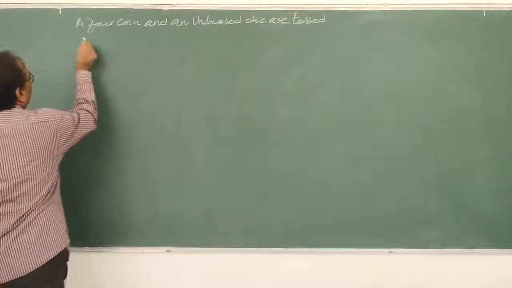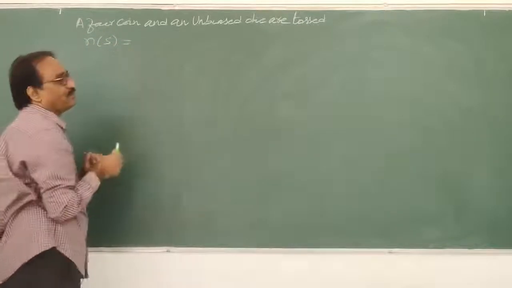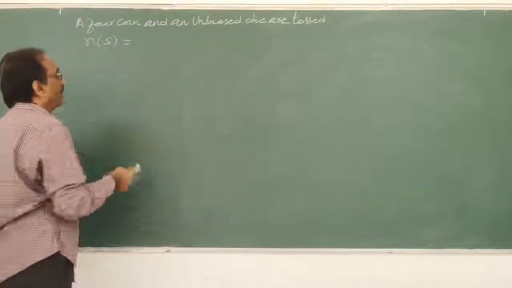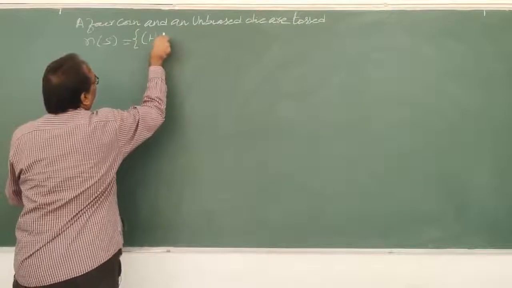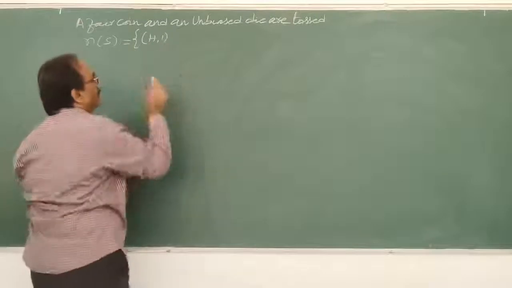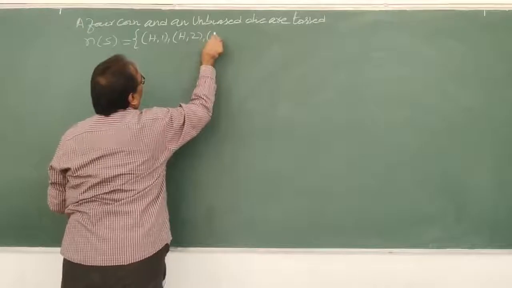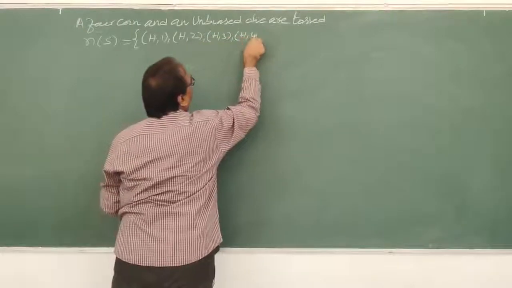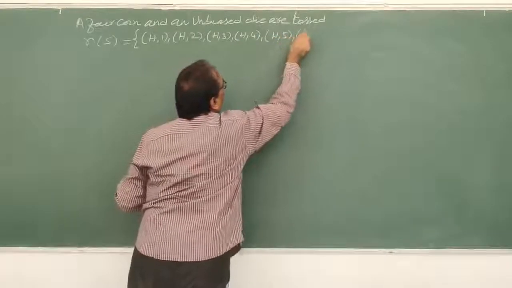So what is n of S, the number of sample points? A coin is tossed, a die is tossed. The chances are: head comma 1, head comma 2, head comma 3, head comma 4, head comma 5, head comma 6.